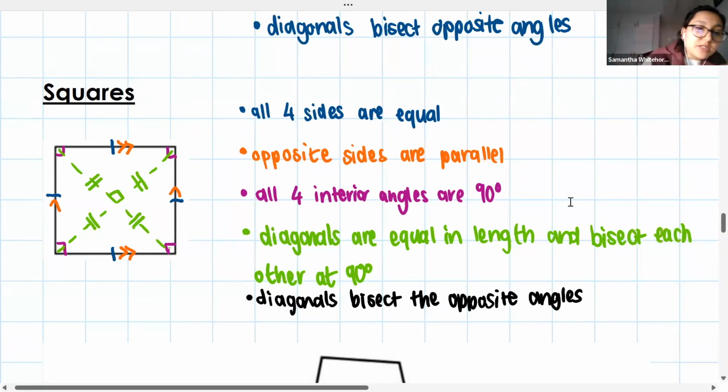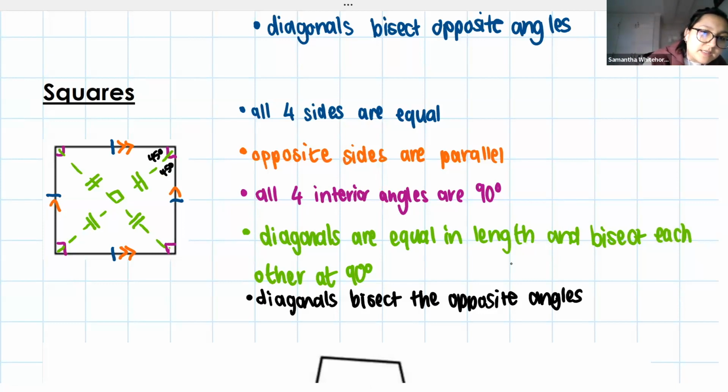Because it's cutting 90-degree angles in half, all of these angles are bisected to a size of 45 degrees. So all of the angles when bisected are exactly the same because all of the angles are 90 degrees. And if we cut a 90-degree angle in half, we get 45 degrees.